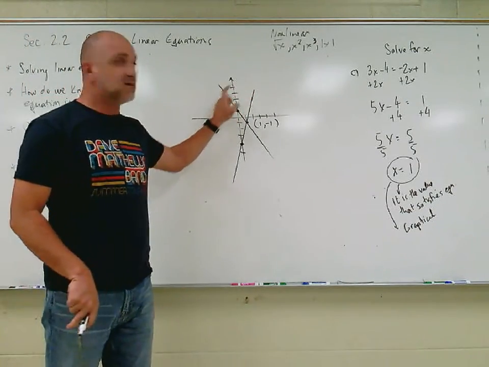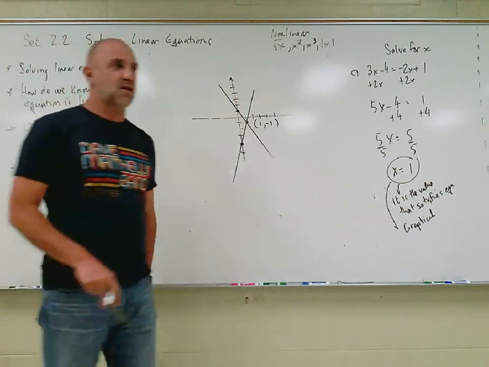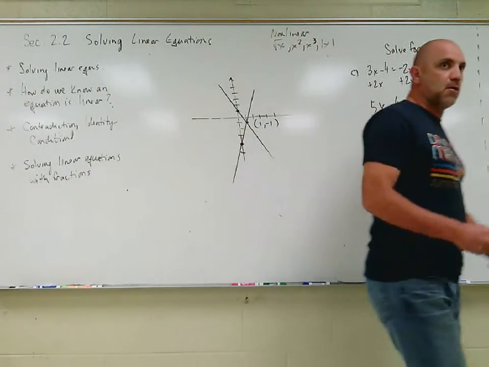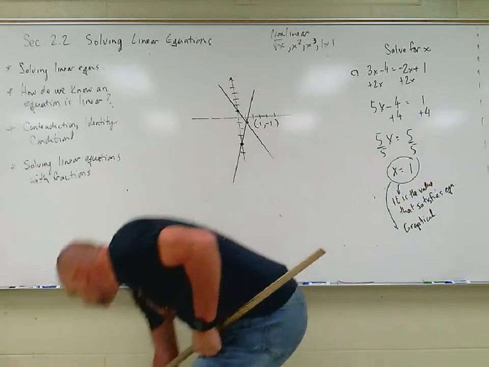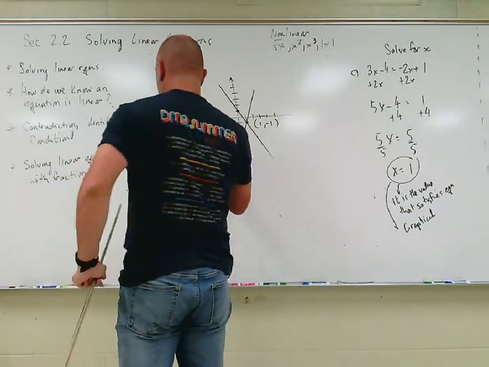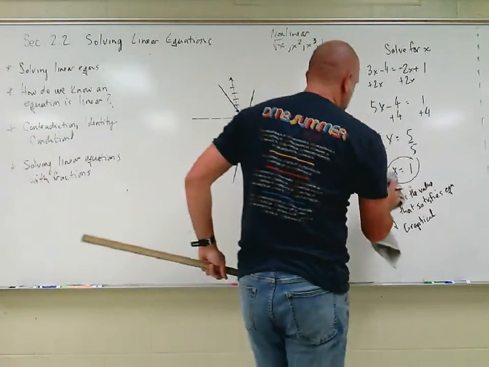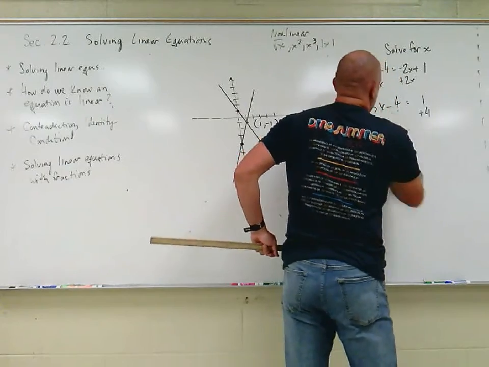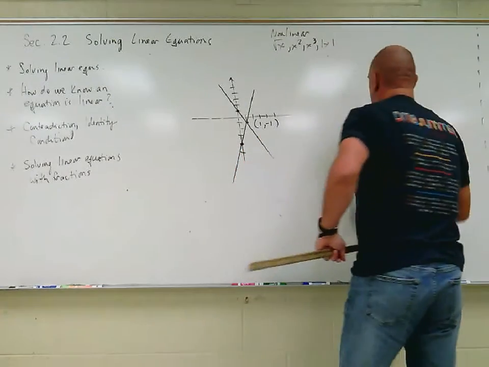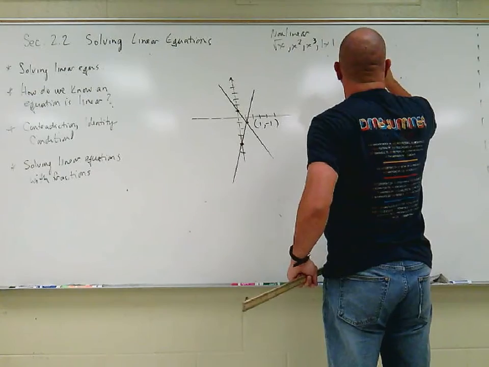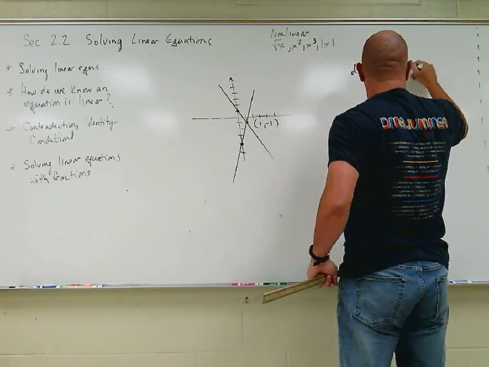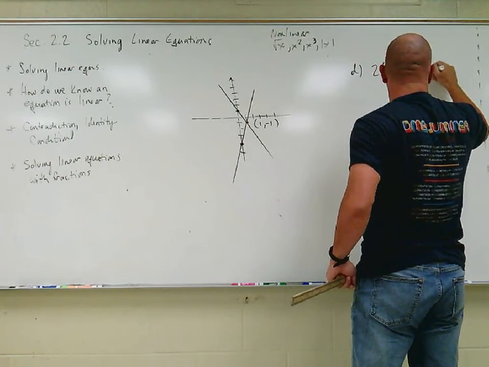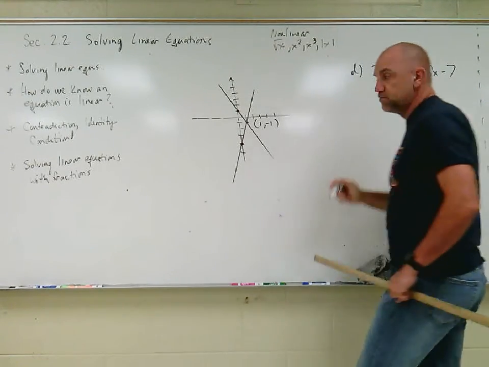So if we think of it as graphs, there are three scenarios that can happen with lines. One scenario is they cross. That's one scenario. All right. There's this. Part B. Solve this one.